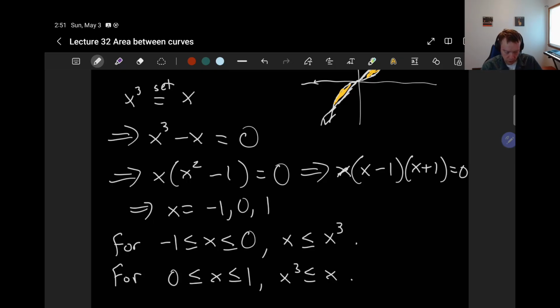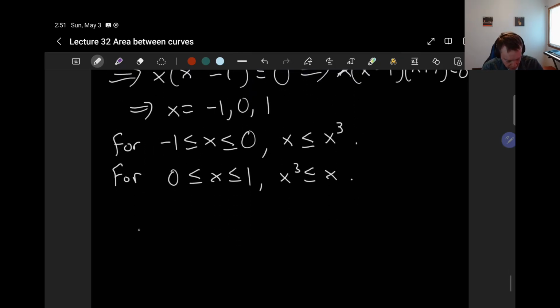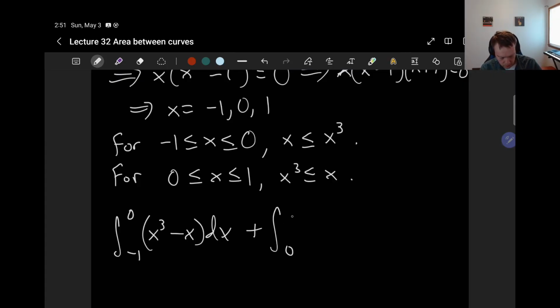So we will need two integrals from -1 to 0, x cubed minus x dx. Then from 0 to 1, x minus x cubed.